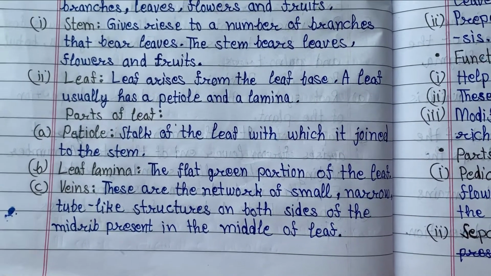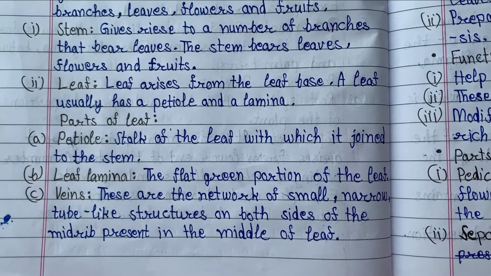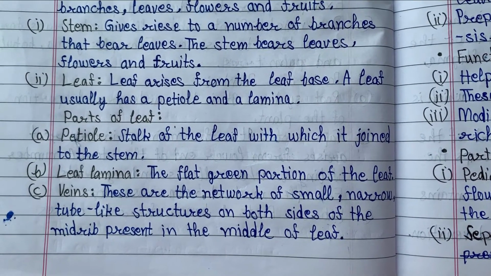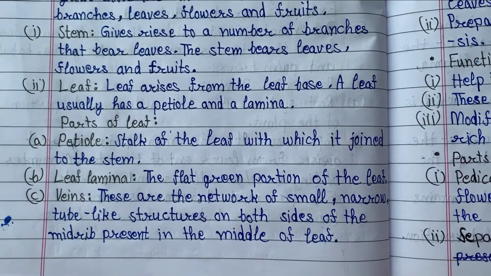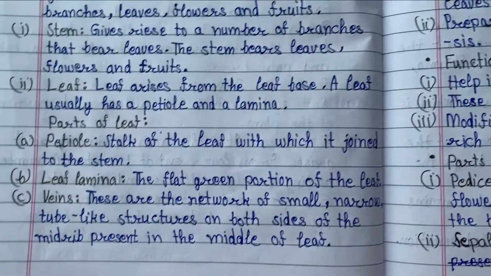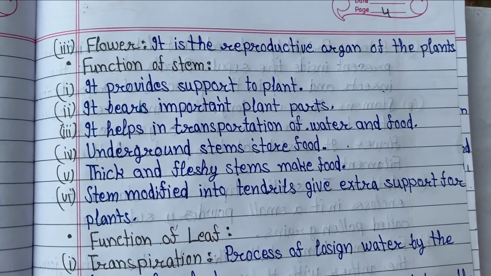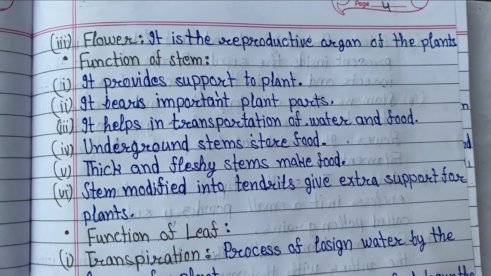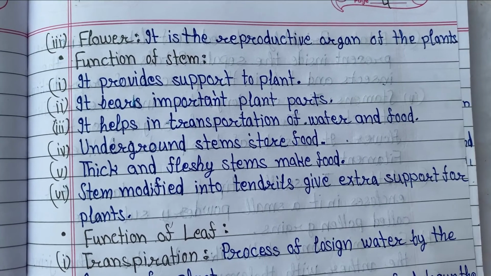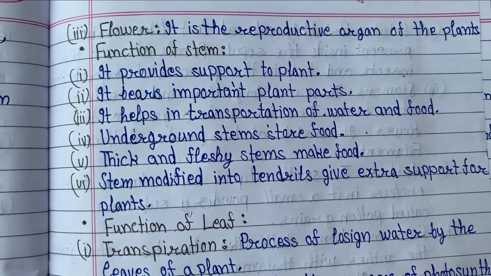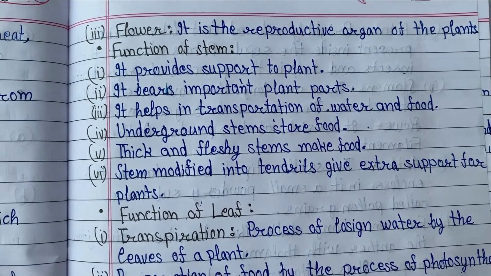You must have seen there is one in the middle of the leaf, and then others emerge out from that. That is called veins. Then we have one more thing in plants, that is flower. Flower is the reproductive organ of the plant. So reproduction takes place in the flower.